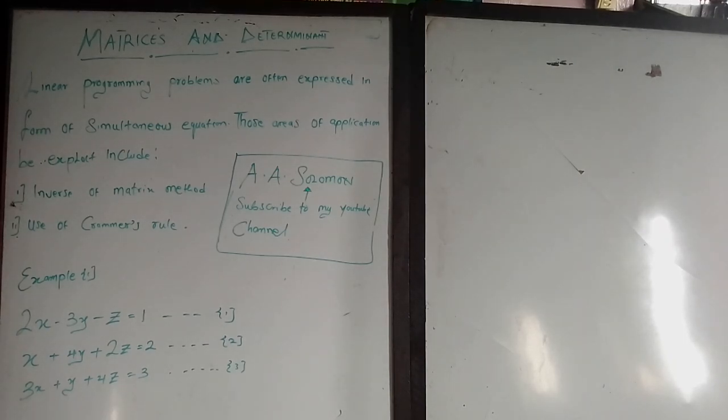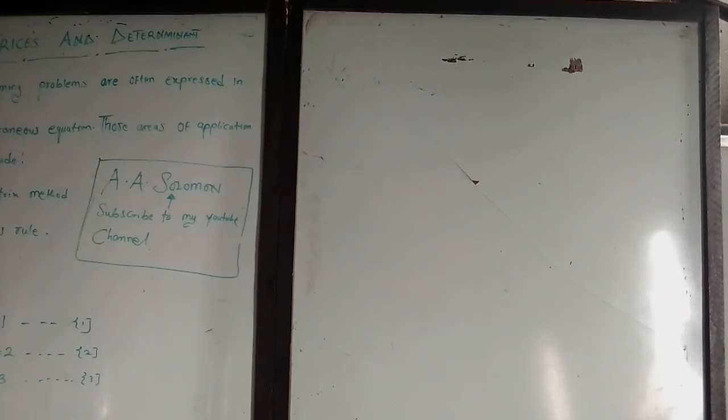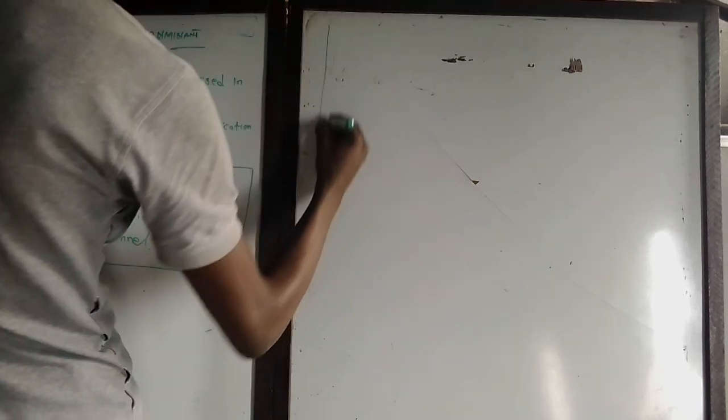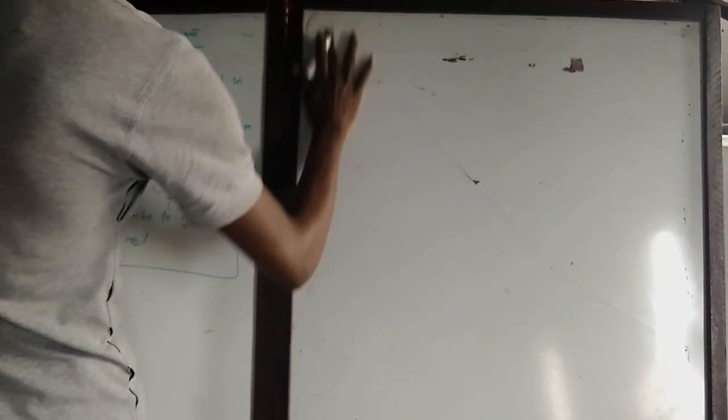First of all, we are going to write out the numbers in the simultaneous equations. We have to bring out the elements. How are we going to bring out the elements? You draw your straight line.